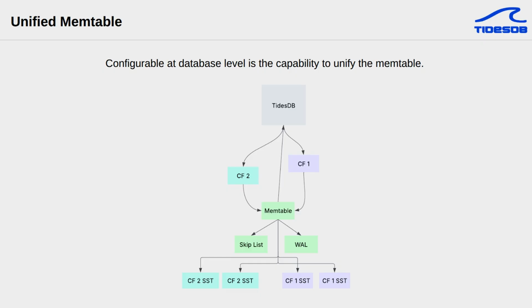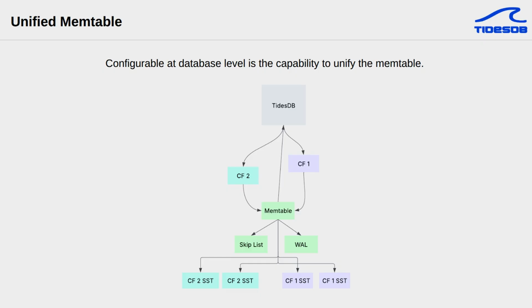Now you might think, how do sorted runs work and all these kinds of things? Well, when the flush worker has to flush a unified memtable, it groups consecutive keys by their column family, since there's a unique column family prefix, and then it writes those SSTable files per column family.